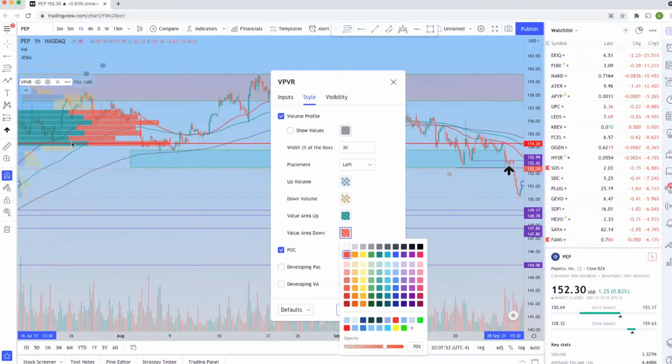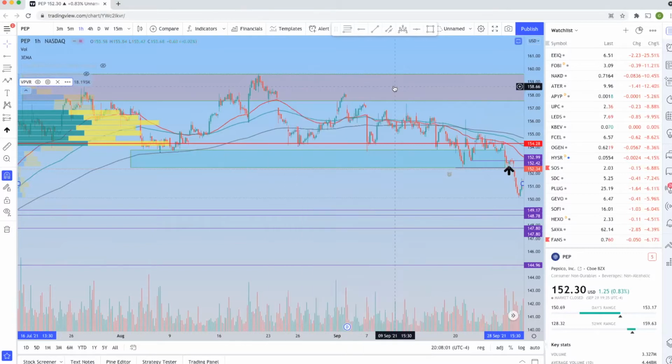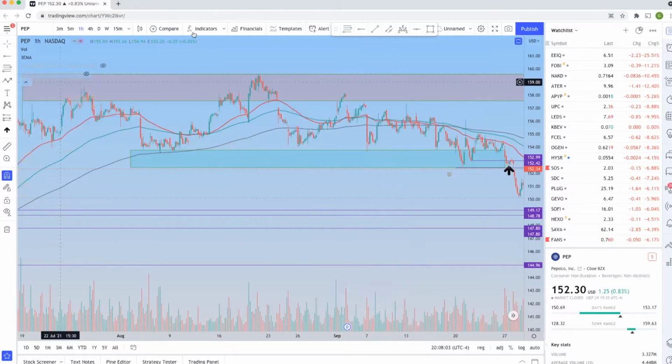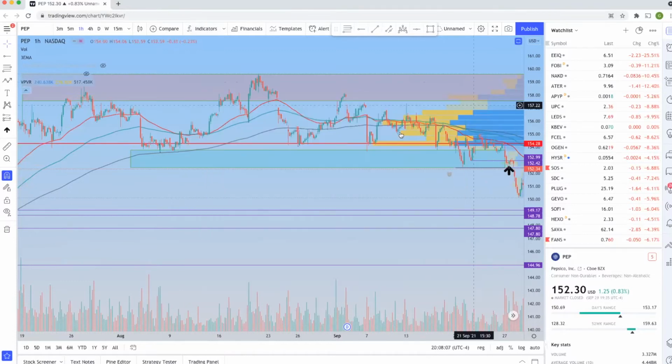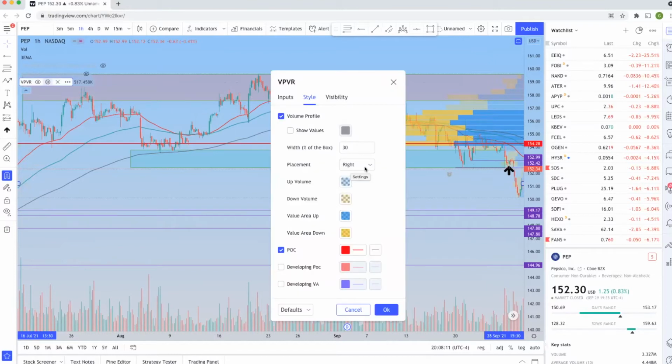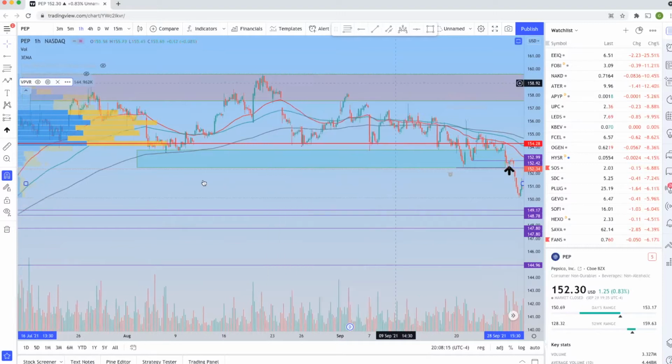Oops, my bad. I broke it. Okay, it's fine. Just remove it, add it again. There you go. The blue is the buy and the yellow is sell.